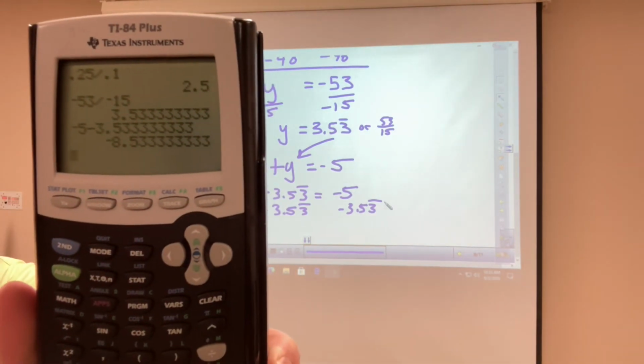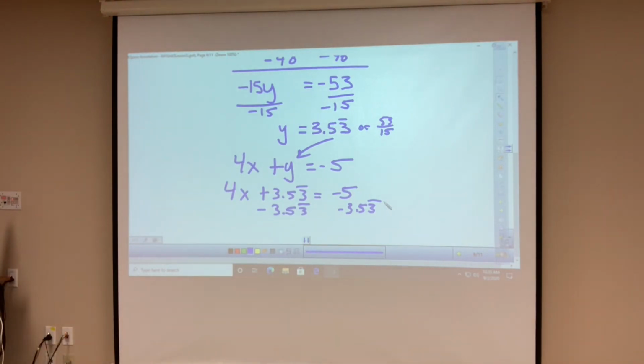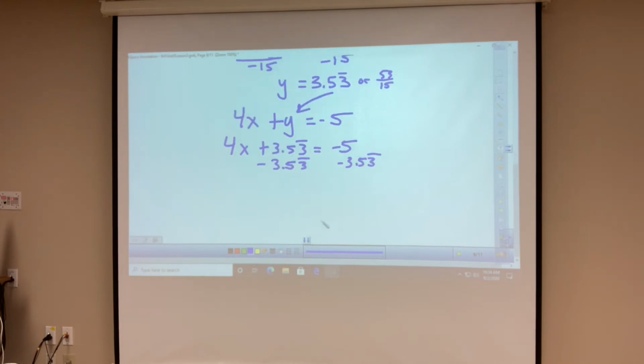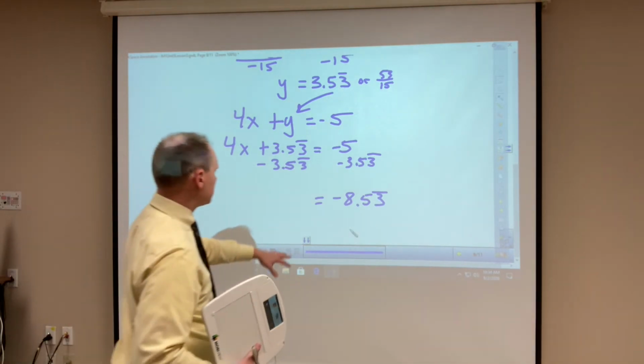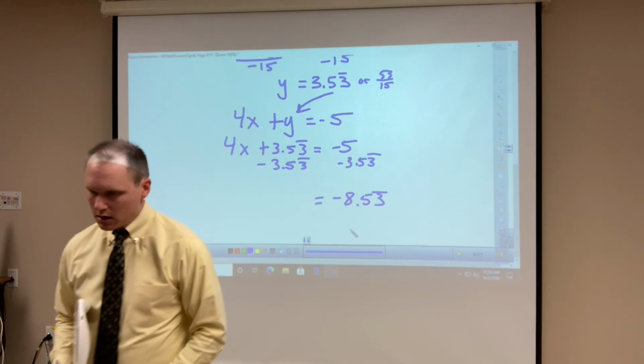So I can actually use the full number there as best as possible. So we're going to get -8.53 repeating, which makes sense because these two make -8, and then you got the decimal there.